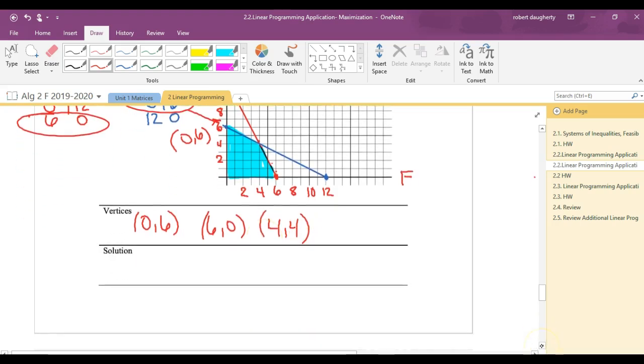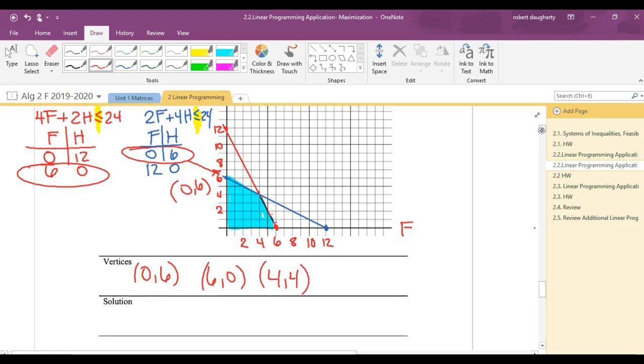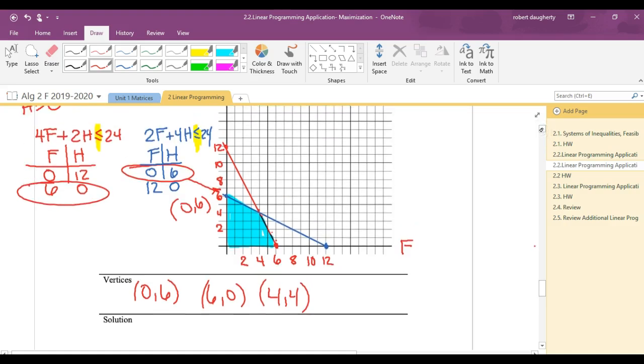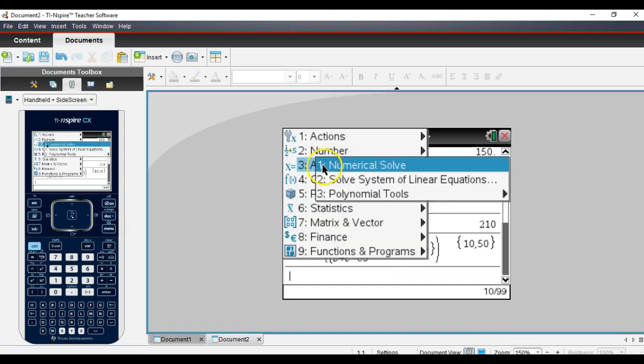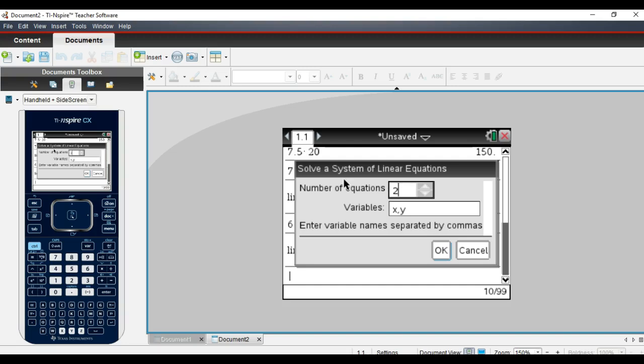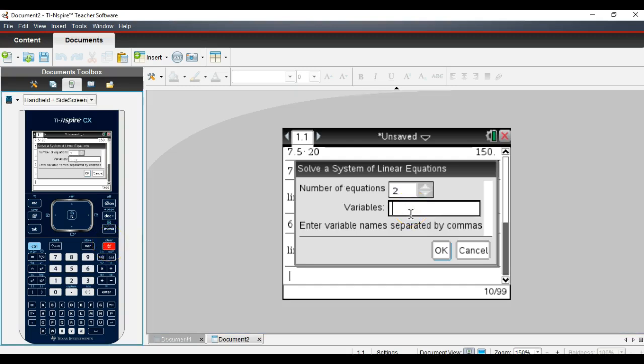But again, I don't want to trust that. I want to verify that. So let's go ahead and solve this real quick. Menu, algebra, solve, two equations, two variables. My variables were f and h.